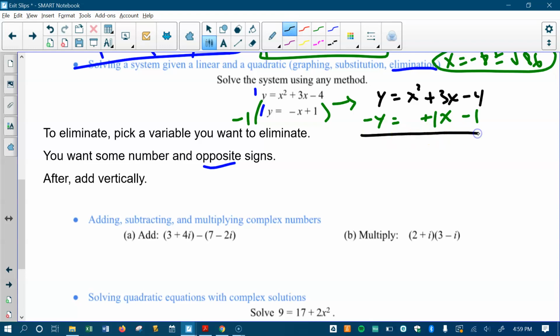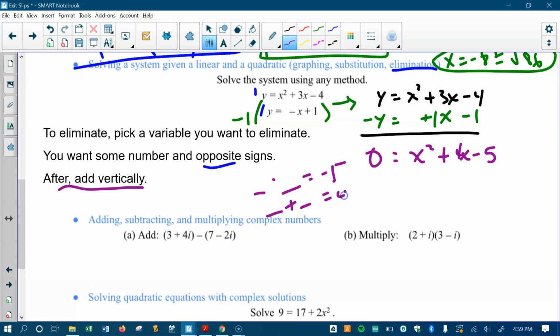Now add vertically. So that's what that next step says. Add vertically. And I get 0 equals x squared plus 4x minus 5. Well, that looks like it factors. I think I may have this right. Let's see. I think 5 and negative 1 will work.